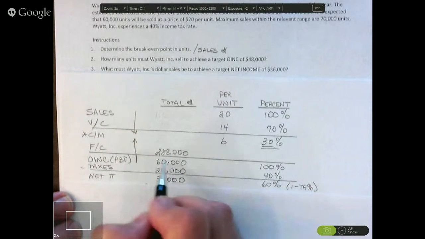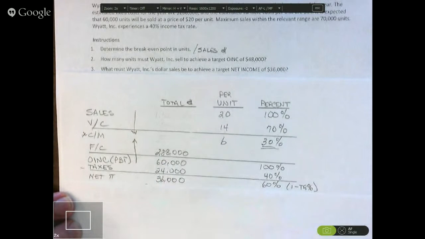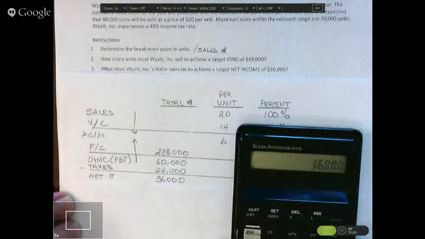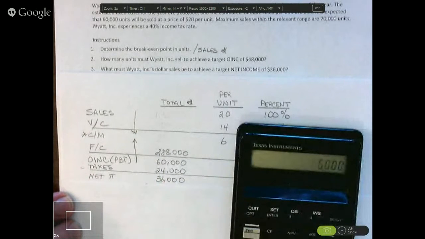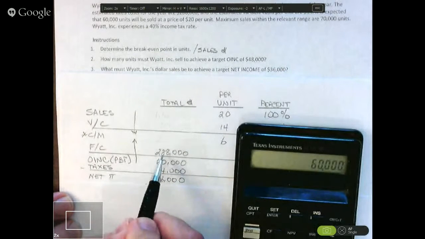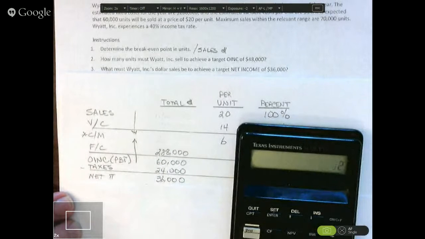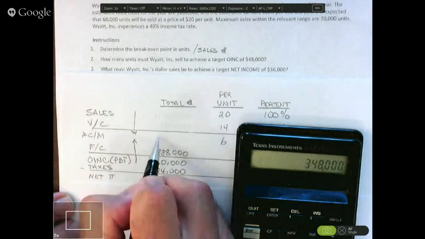Okay, we have the profit before tax, and that amounts to $60,000. Needs to be added to the fixed costs to attain our target.